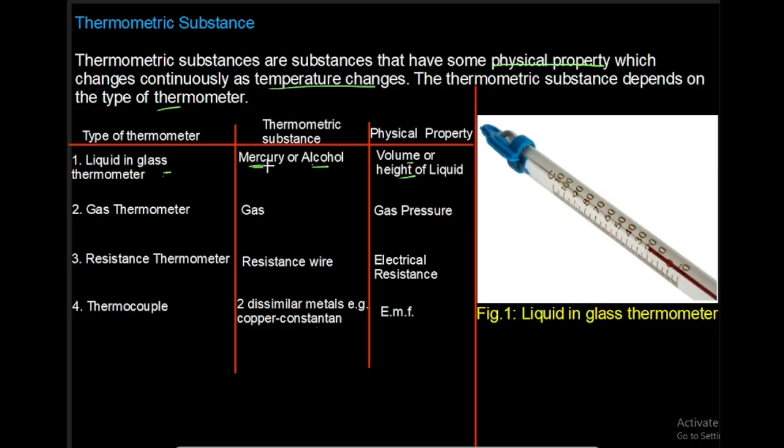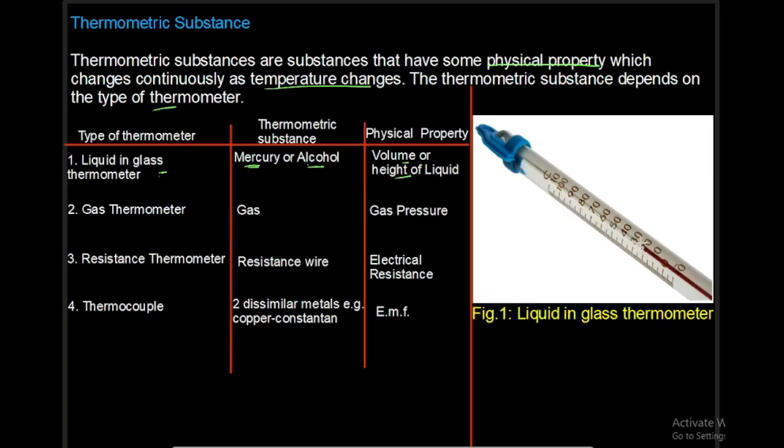Since mercury or alcohol are both thermometric substances, it simply means they possess properties that change whenever there's a change in temperature. And what's the property that changes? We have the volume or height of liquid. That liquid which changes in height or volume is what we refer to as the thermometric substance. Its ability to change whenever there's a change in temperature is what makes it a thermometric substance.